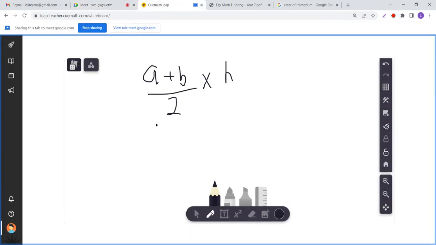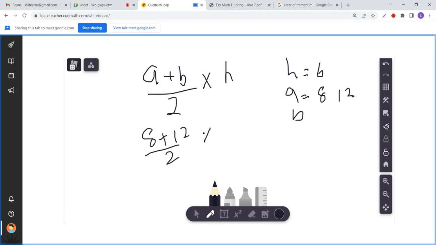Okay, what is a and what is b? How much is the height given? Height is 6. Okay, how much is a? 8 and then b is 12. Okay, 8 and 12, right? A and b. So that is (8 plus 12) by 2 times 6.